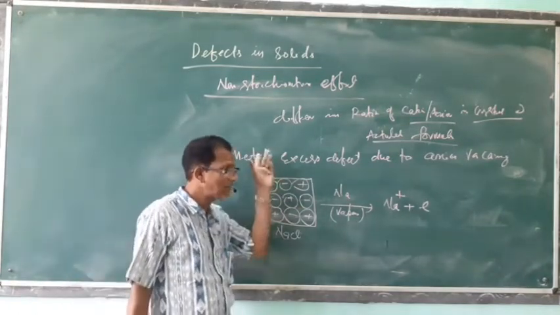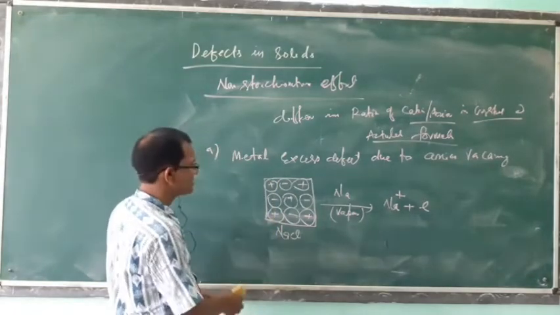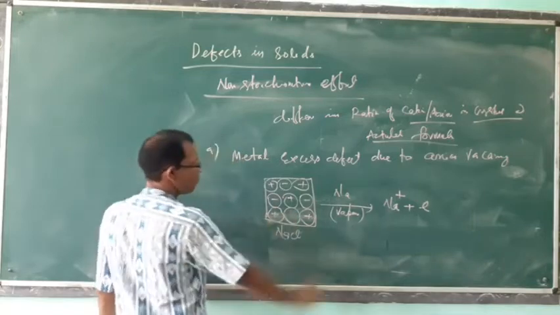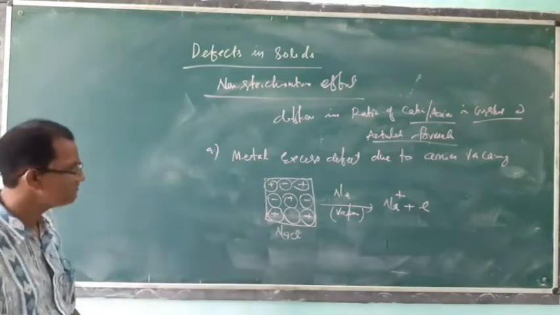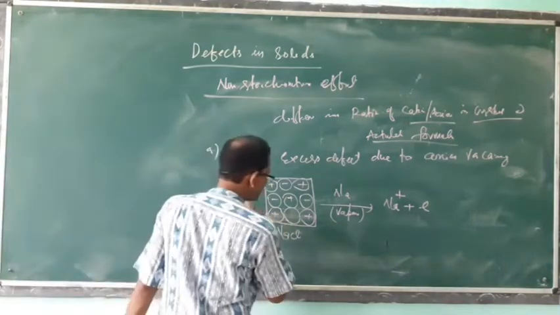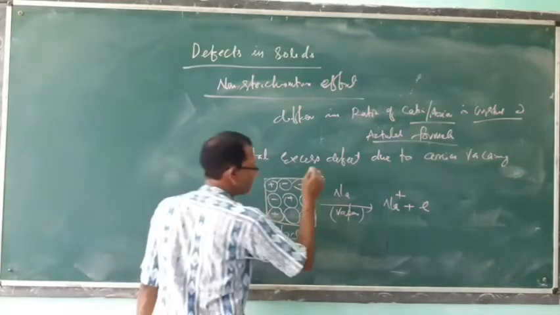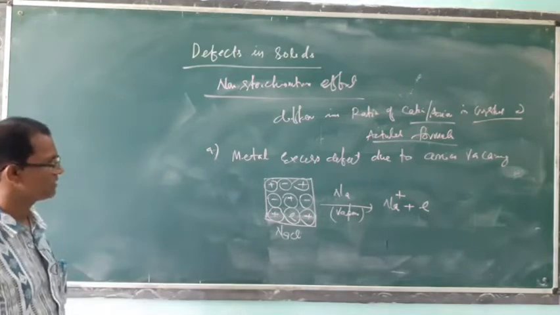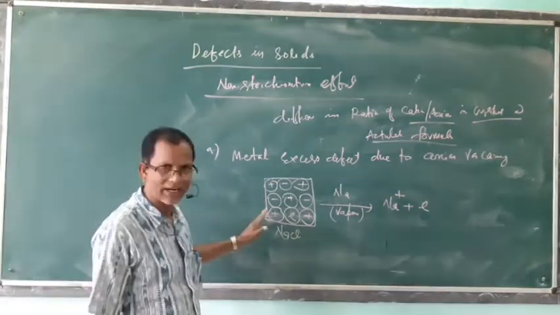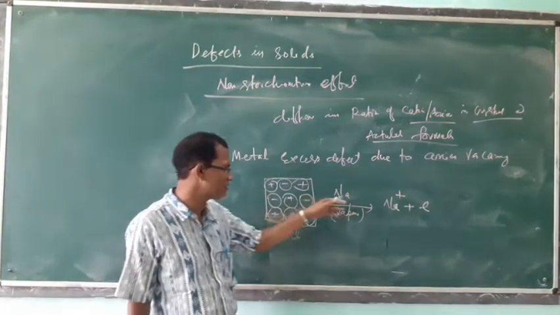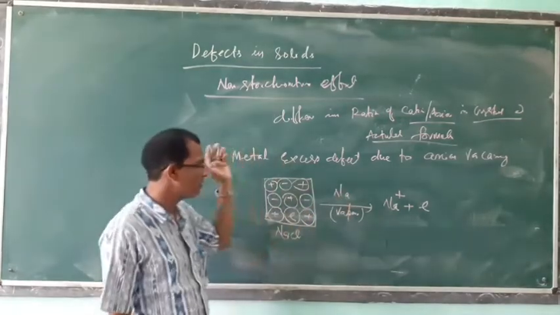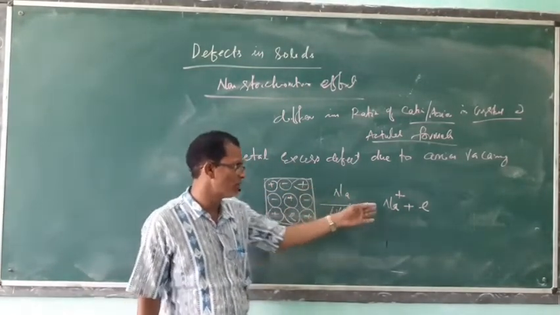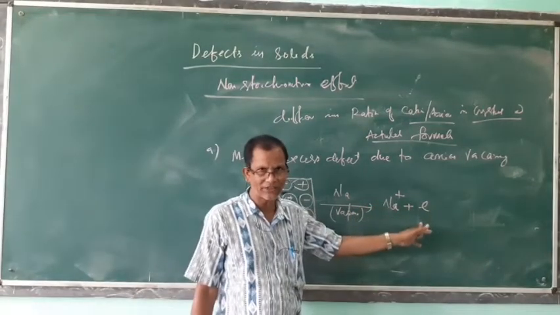At the same time, what happens? One Cl- will be missing, and in that place of Cl-, an electron remains. The crystal is heated in the presence of sodium vapor. Sodium vapor, due to heating, gets ionized to Na+ and free electrons.